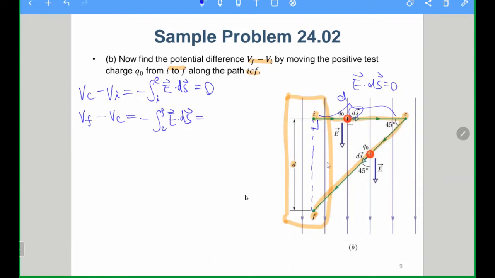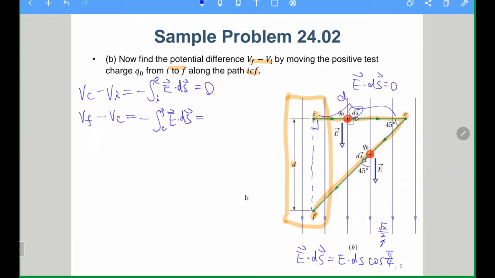You can see this is ds, and E has an angle of 45 degrees with it, which means E dot ds will be E times ds cosine of 45 degrees, or pi over 4. Cosine of pi over 4 is square root of 2 over 2, or 1 over square root of 2.